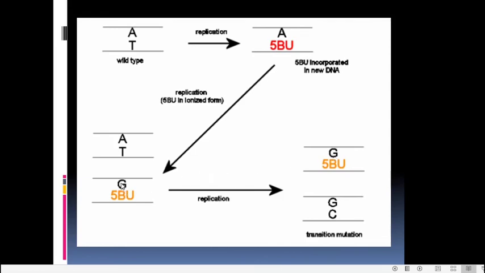G is normal. In the next replication, this G will act as a template and it will base pair only with C. So what happens? In this wild type allele, which had an AT base pair at this position, it is now changed to GC as newer and newer DNA molecules arise by replication. So that is how a base pair is substituted by another through the incorporation of base analogues.